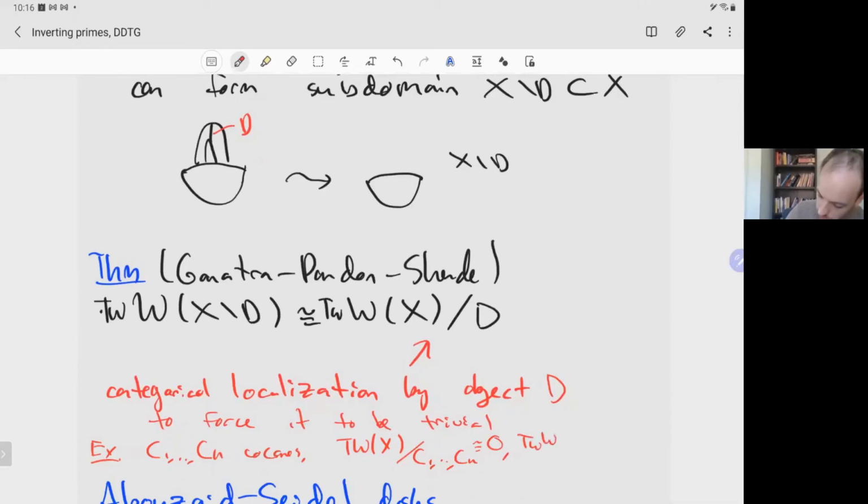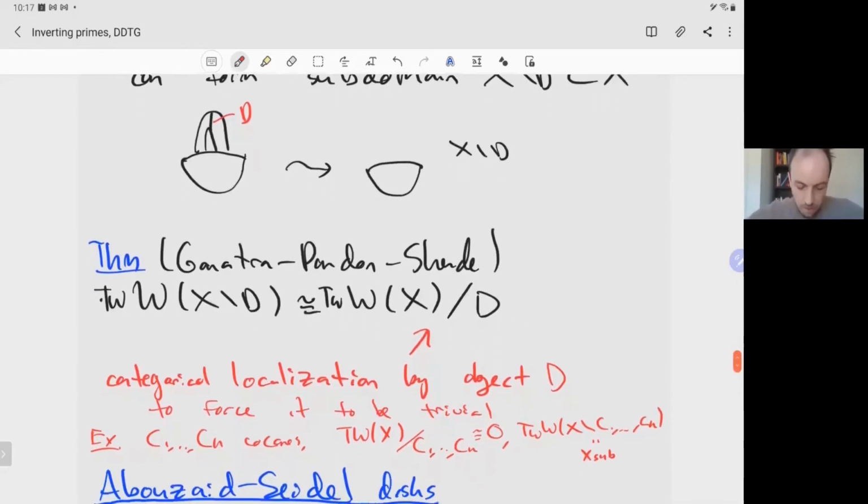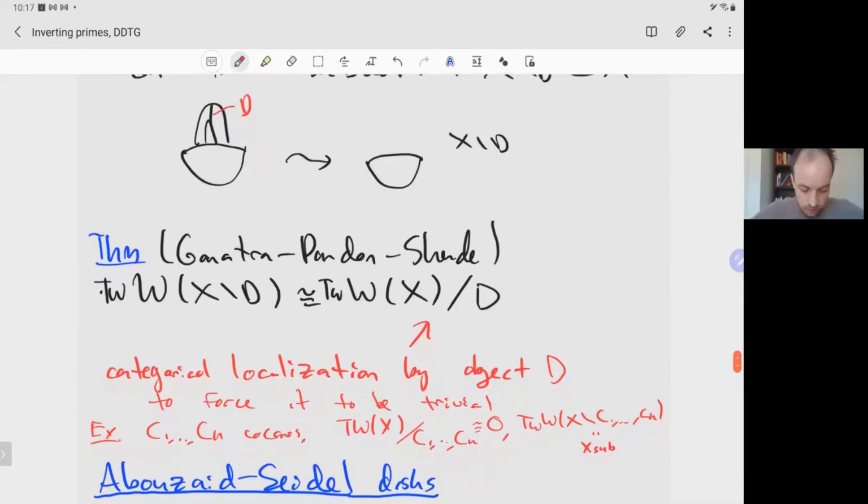On the other hand, the Fukaya category of X complement all of these co-cores when you carve them out: since you carve out all the co-cores, you're removing all the critical handles, and so this is the subcritical part, and this also has trivial wrapped Fukaya category. Okay, so that's the computation of the Fukaya category of the subdomain.